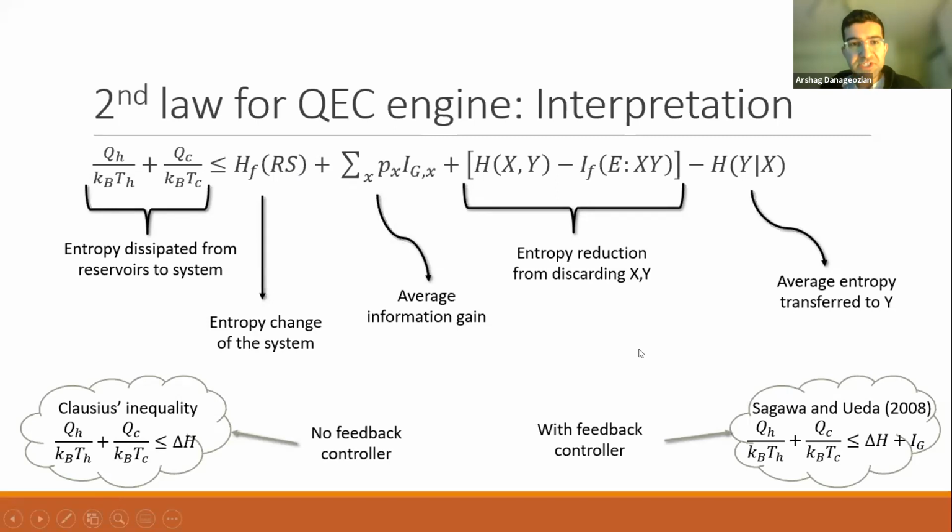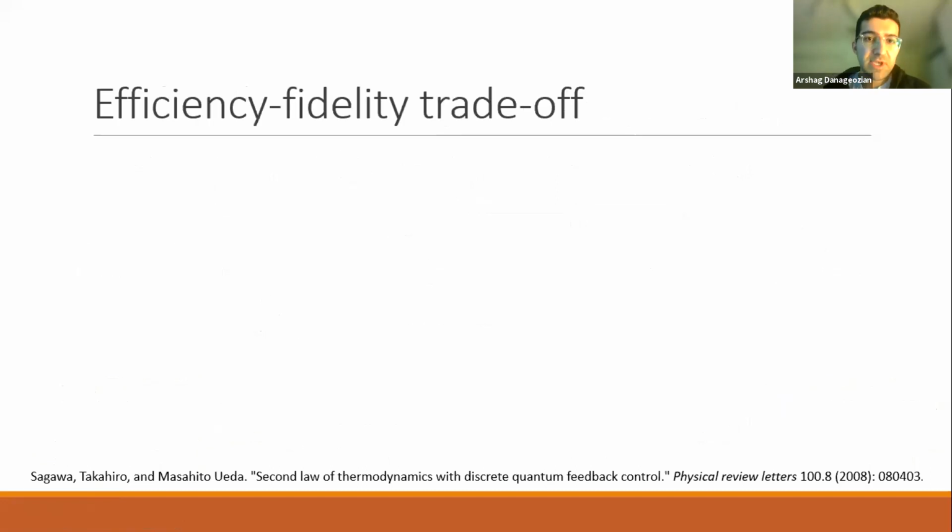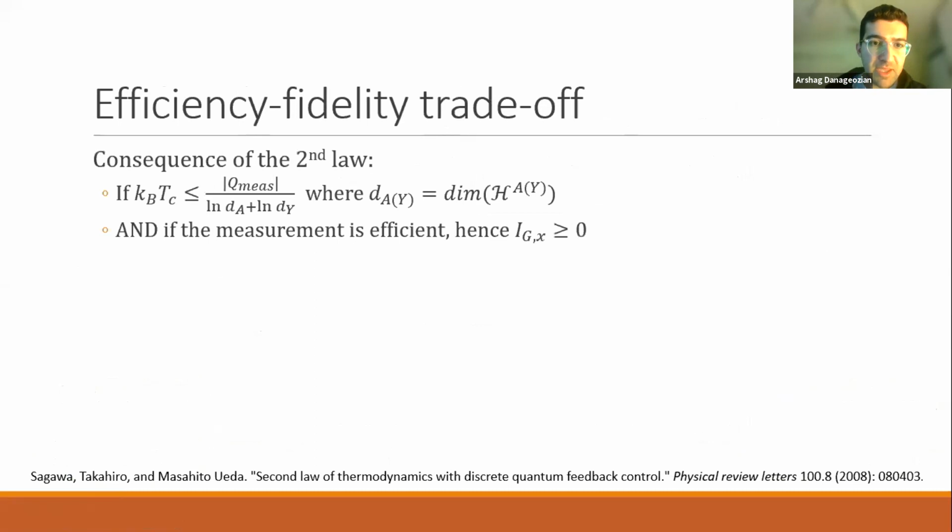Okay, so this is the second law. Now this one has a consequence. So what's the consequence? At least one of the consequences is that you can have an efficiency-fidelity trade-off, which I want to be very precise about, because I don't want you to interpret it incorrectly. So given two conditions, what are the two conditions?